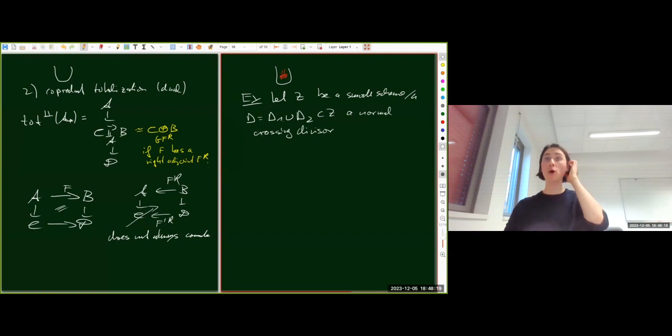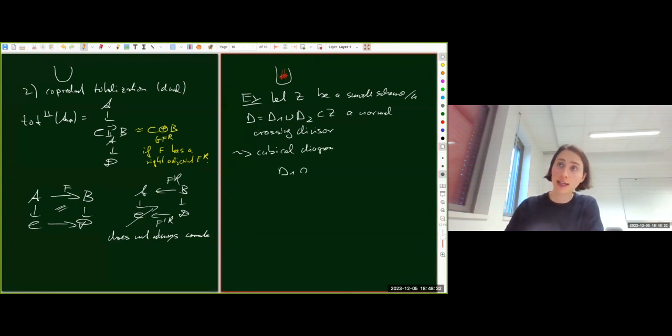This would mean that D1 and D2 are smooth, and their intersection is smooth of the expected dimension. And then we get a cubical diagram of schemes. D1 intersected D2 goes to D1, this goes to D2, and this goes to Z.